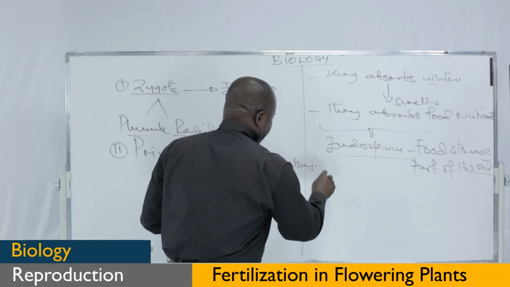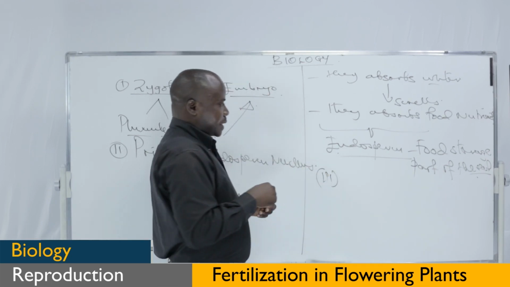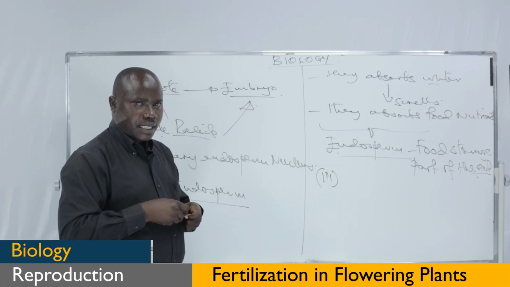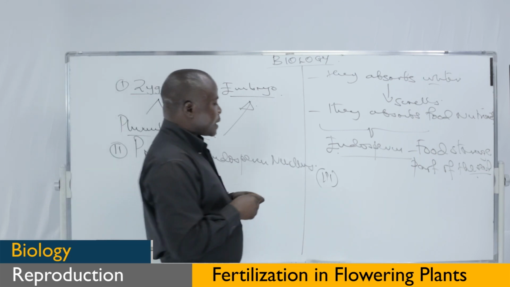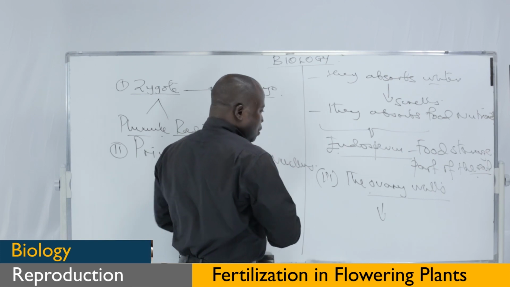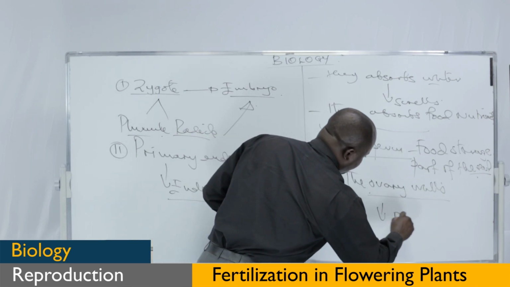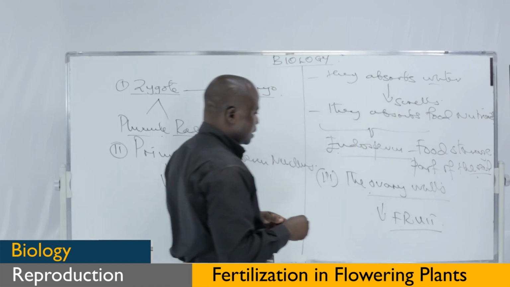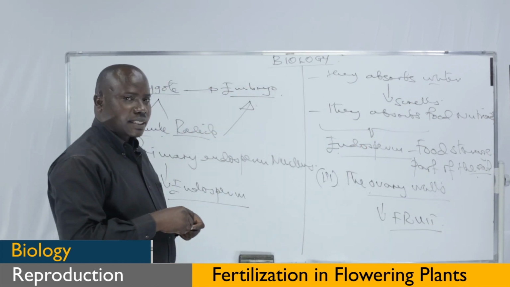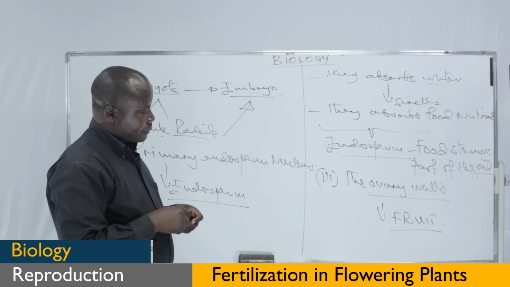But another importance of double fertilization is referred to ovary walls. The ovary walls are transformed into fruit. This fruit encloses the seed.